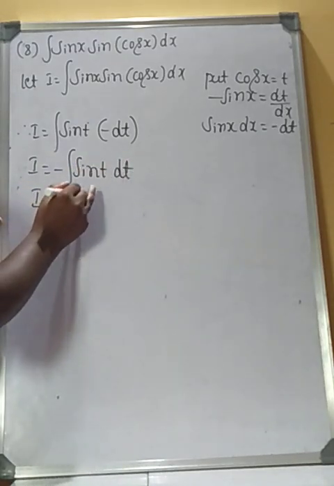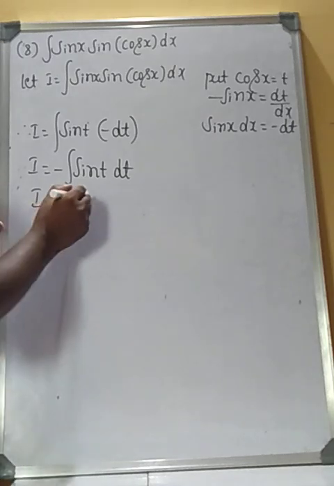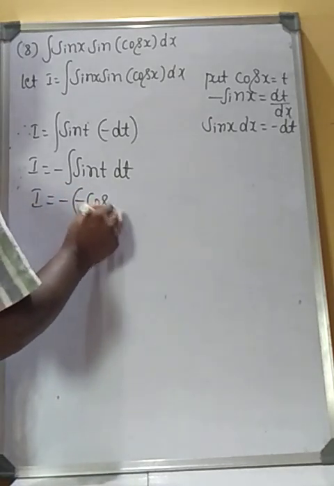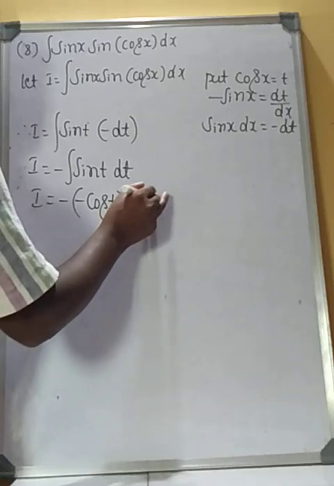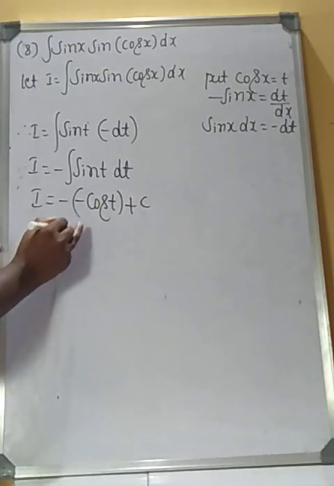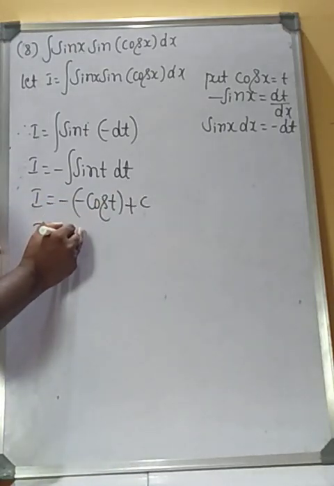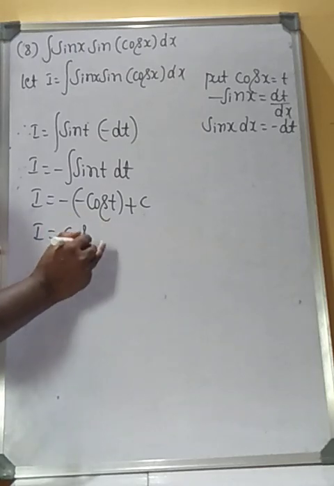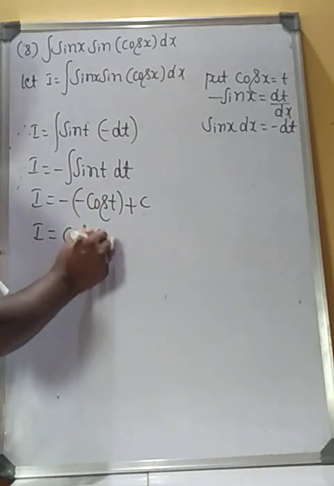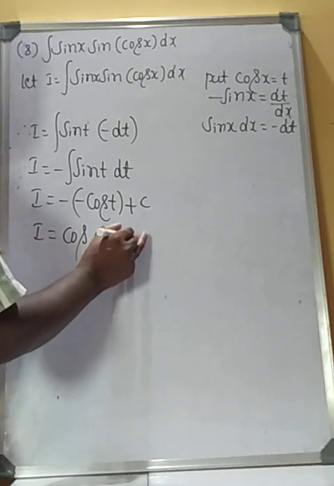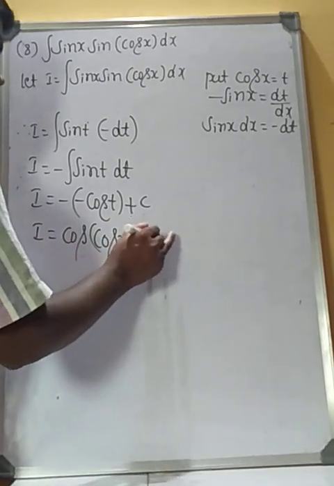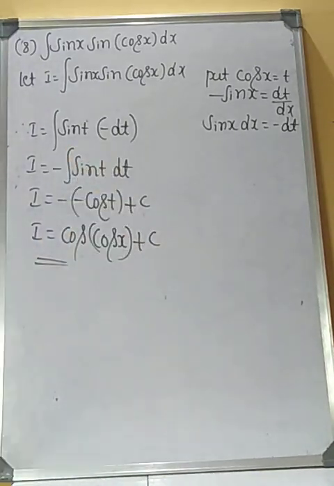I = −(−cos t) + c. Therefore I = +cos t. What is t? t is cos x. So I = cos(cos x) + c.